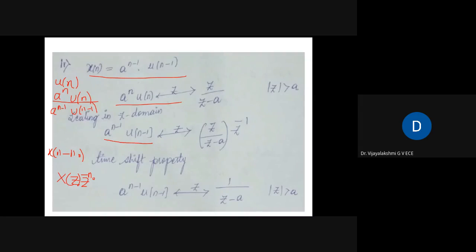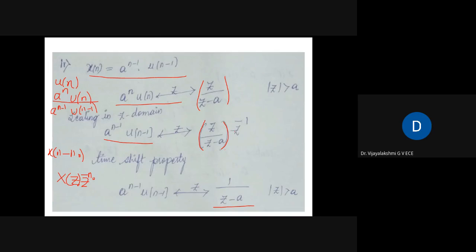Now the Z transform of a power n into u of n is z by z minus a. Now if I shift n by n minus 1, the corresponding Z transform gets multiplied by z power minus 1 because n naught is 1. So I get 1 by z minus a. So within 2 steps you got the answer.